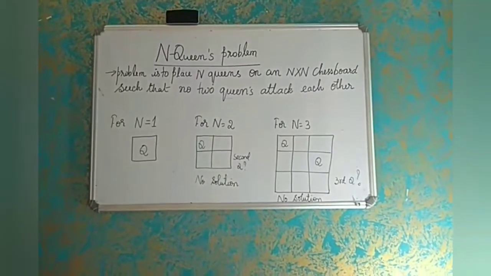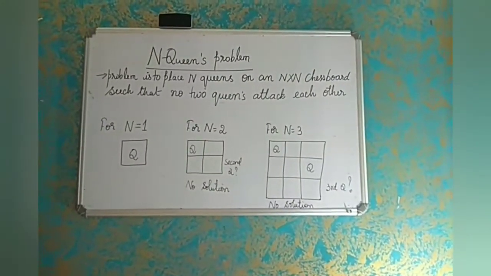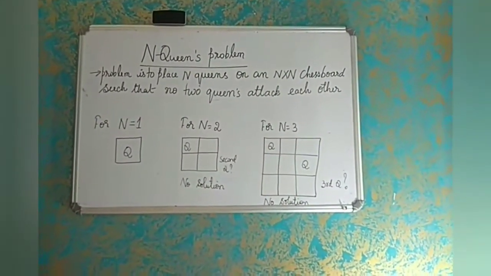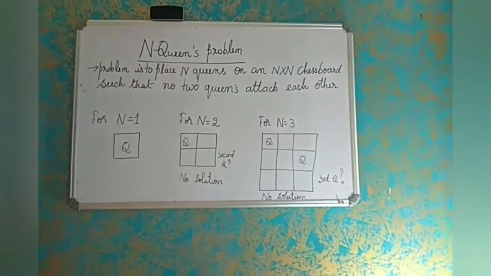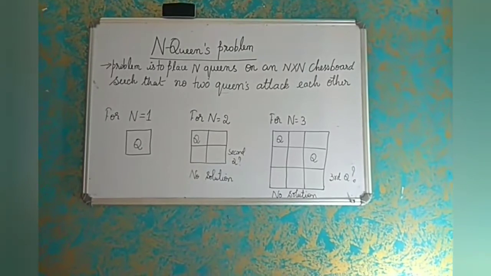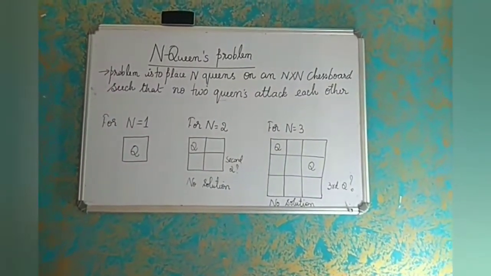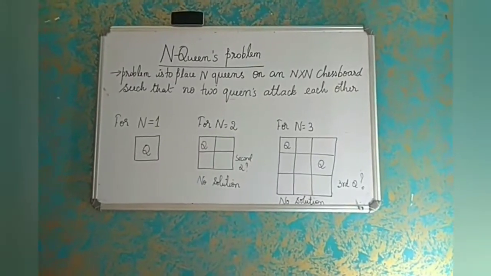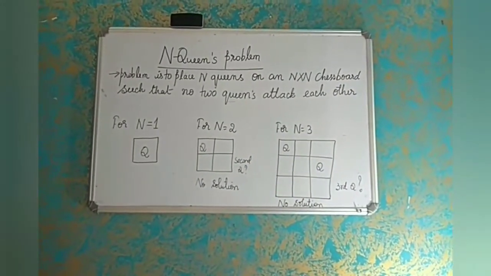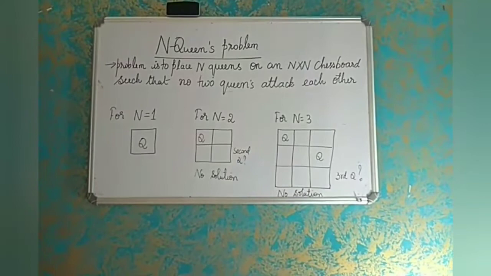Now let us start from n is equal to 1, and then we'll go to n is equal to 2, and we'll see the solution for n is equal to 3, and we'll continue. When n is equal to 1, what is the problem? The problem is to place one queen on a 1 cross 1 chessboard such that no two queens attack each other.